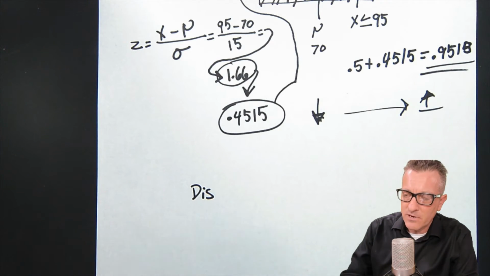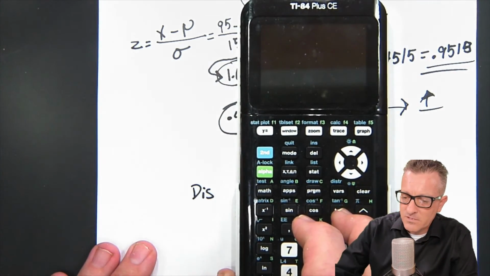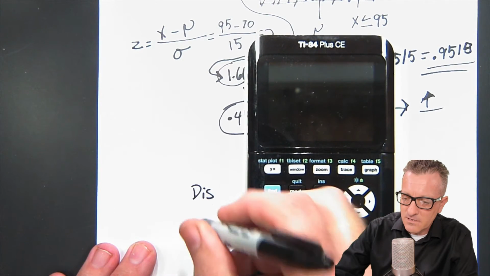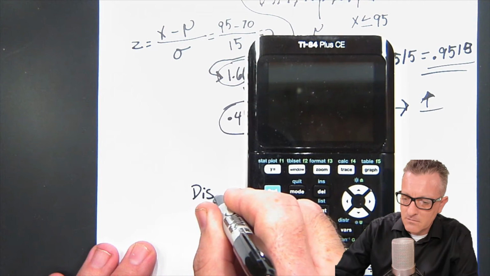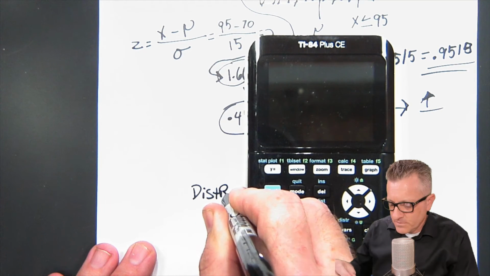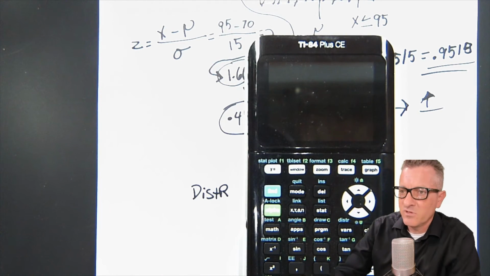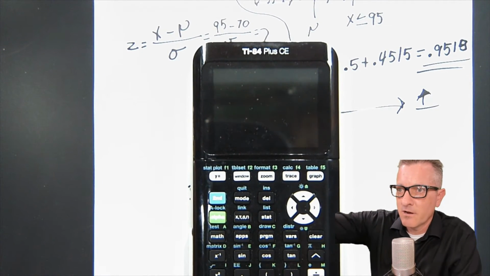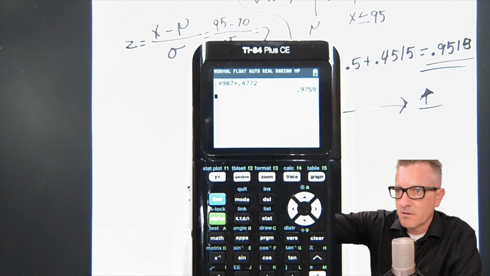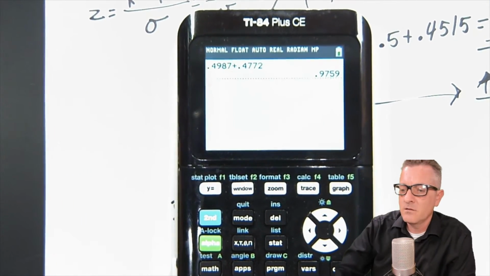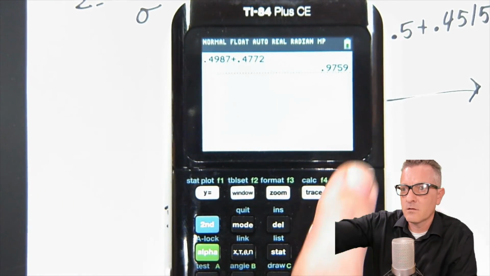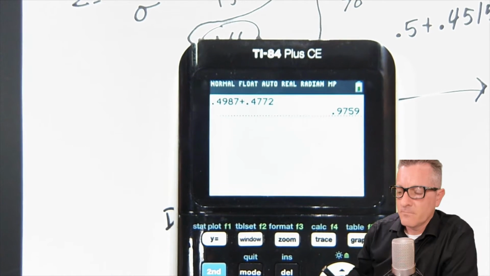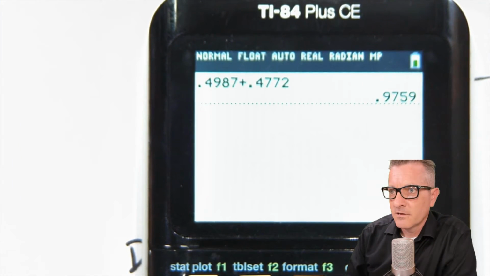I'll actually do it right here in front of us. I also have an emulated version, but for this case, we'll just do it right here. Okay, so I'm going to clear it.